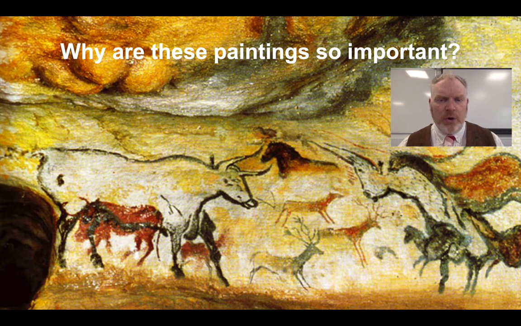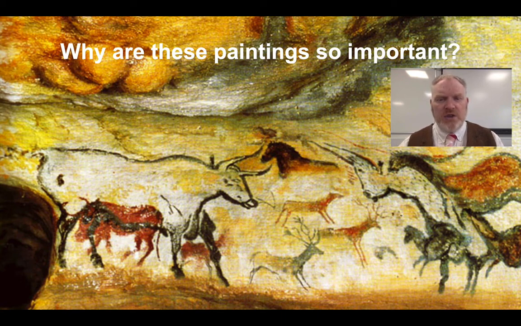I think these are so important because they show humans indistinguishable from us communicating, representing the world they see around them. Now, the exact purpose of these is unknown. Was this art to show where the good hunting grounds were?